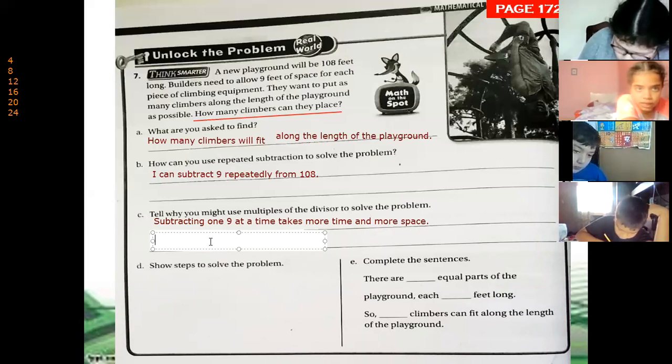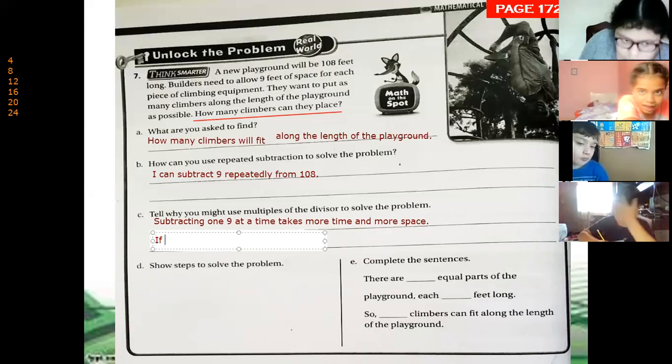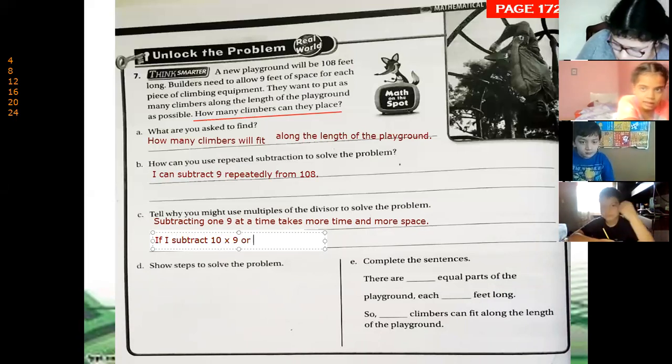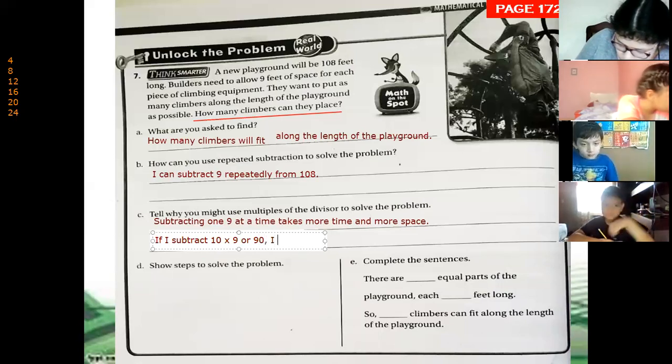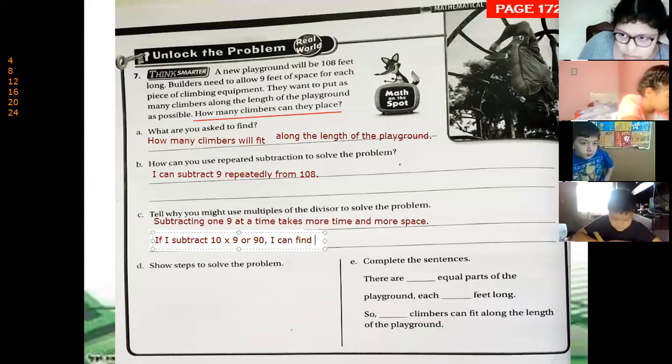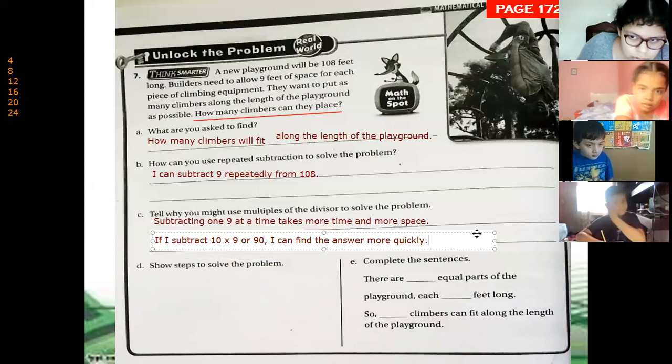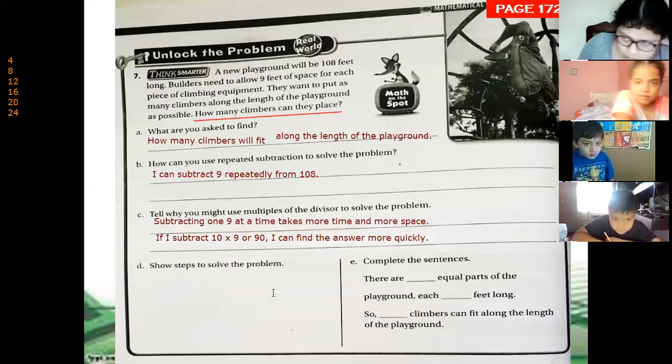If I subtract 10 times 9, or 90, because 10 times 9 equals 90, I can find the answer more quickly. Okay?